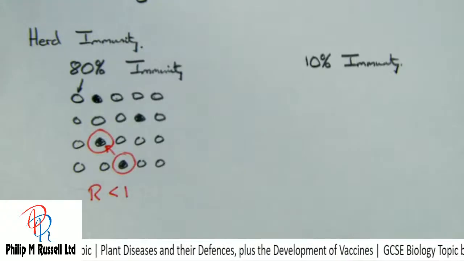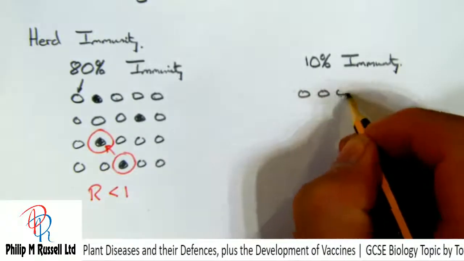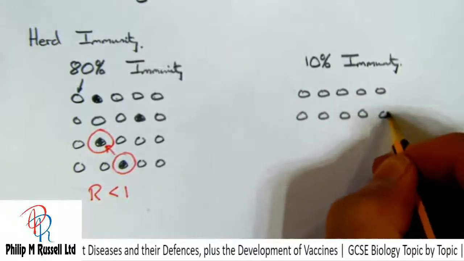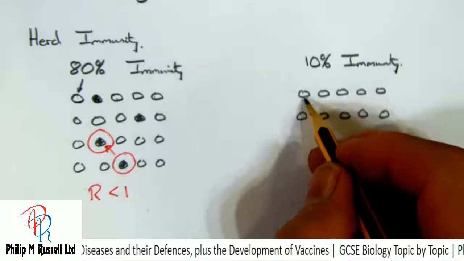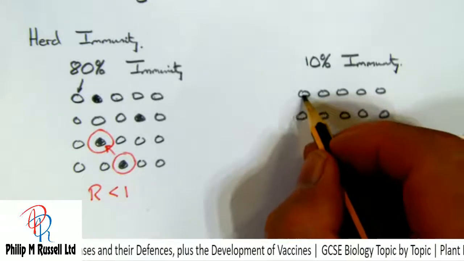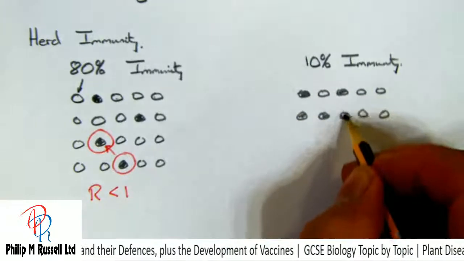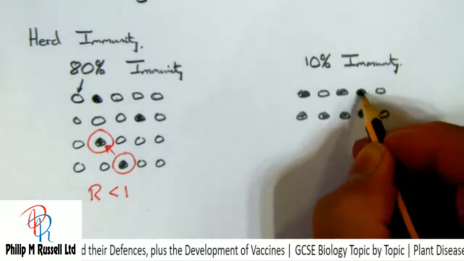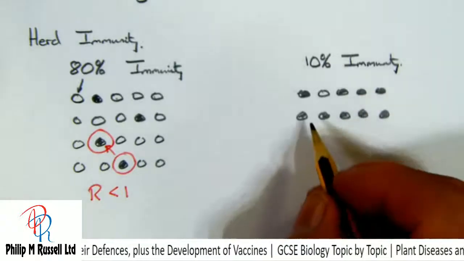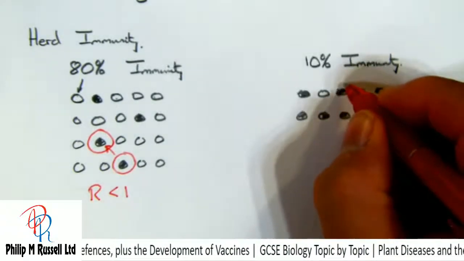Looking again at the screen, let's look at only having 10% of people immune, and if we've got just 10% immune, then you can see that all these people here could get the virus.